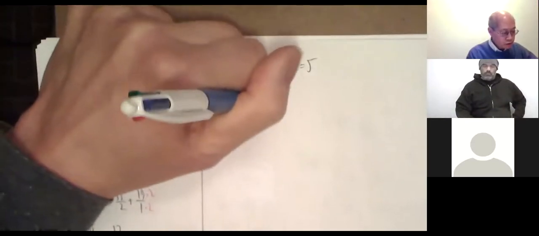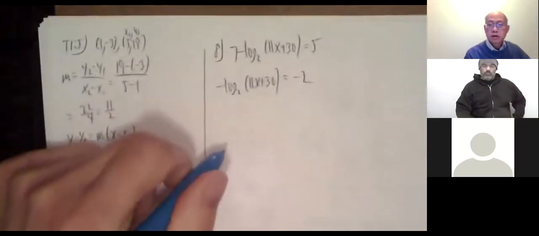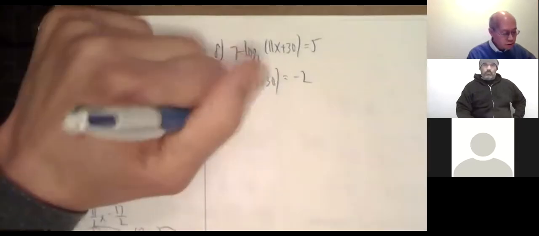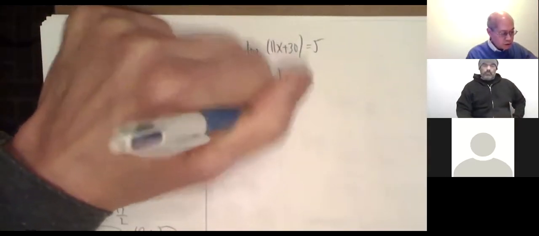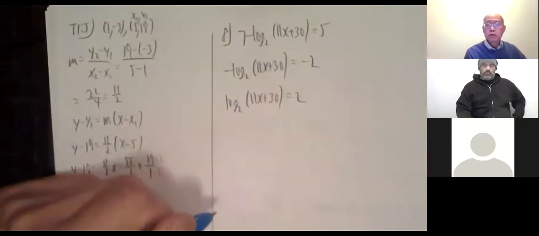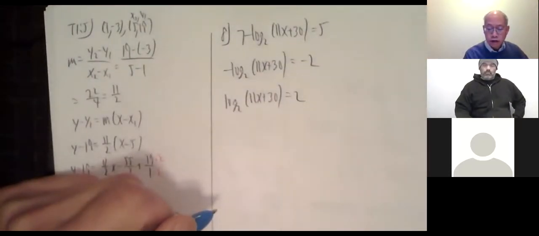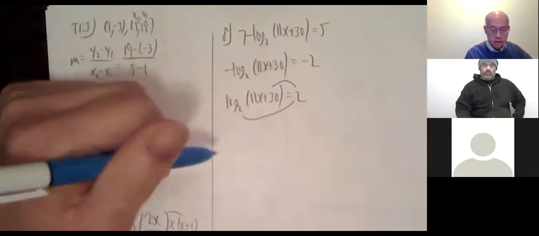Subtract 7, negative log base 2 of 11x plus 30 equals negative 2. Multiply both sides by negative 1. Log base 2 of 11x plus 30 equals 2. Okay, we unscramble it, so to speak. Go like this and like this.